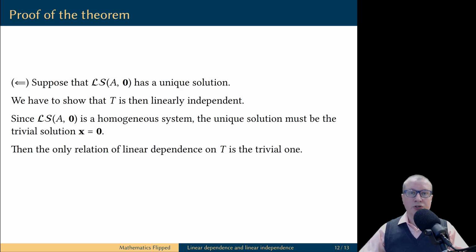But relations of linear dependence on the columns of the matrix A are the solutions of the homogeneous linear system. So in turn, this tells us that the only relation of linear dependence on the set of the columns of the matrix is the trivial relation.